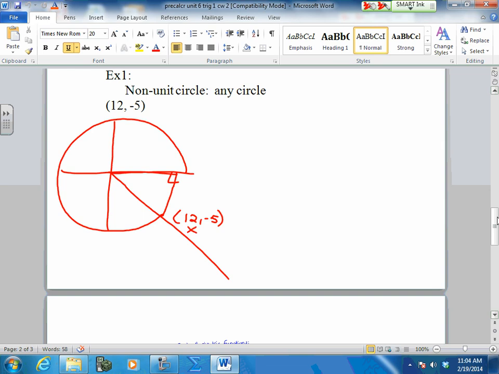This is my x, this is my y. So x is equal to 12, y is equal to negative 5. How am I going to find r? What kind of triangle is this? A right triangle. Ah, Pythagorean theorem.